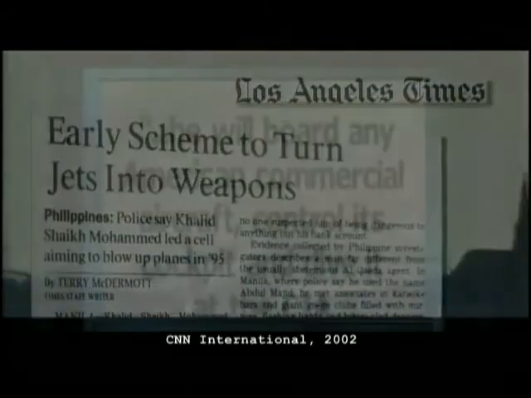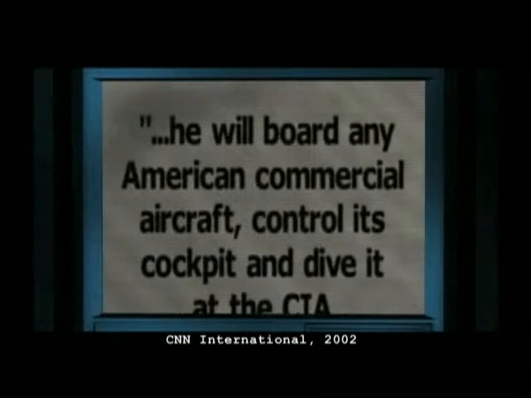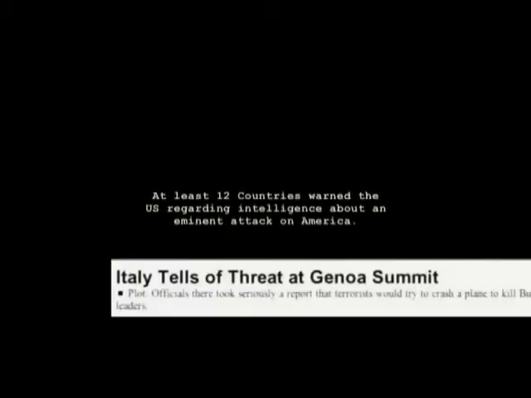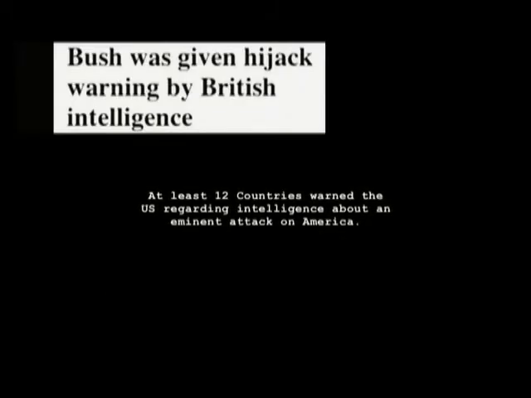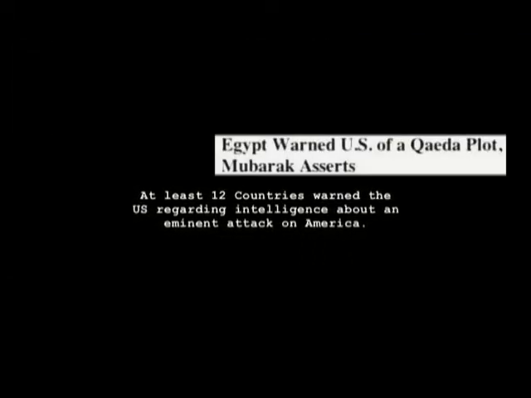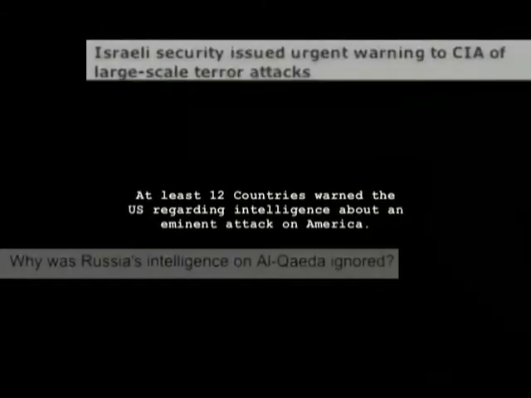He will board any American commercial aircraft, control its cockpit, and dive it at the CIA headquarters. Other buildings targeted the Pentagon and the World Trade Center. Security and counterterrorism was blinking red, in the words of George Tenet, that the warnings of an imminent attack were so severe that something dramatic should have been done. It was unparalleled. Instead, our president went on a month-long vacation.